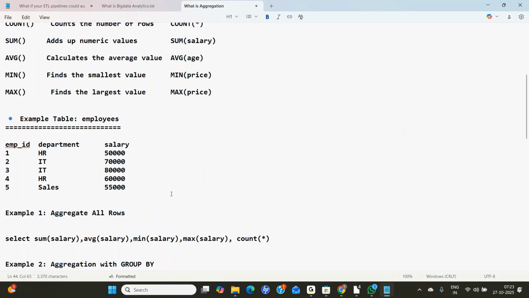Star represents the total number of rows. From, and let us say the example table name is employees.